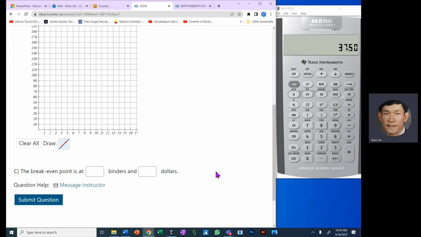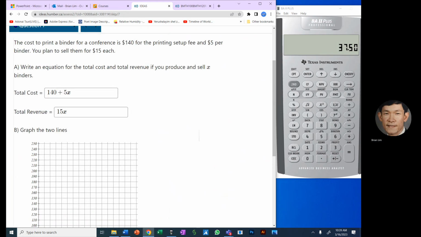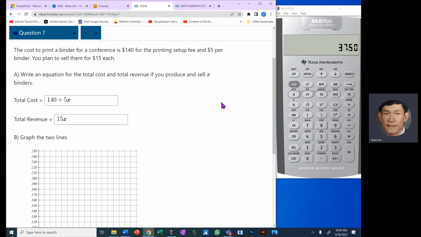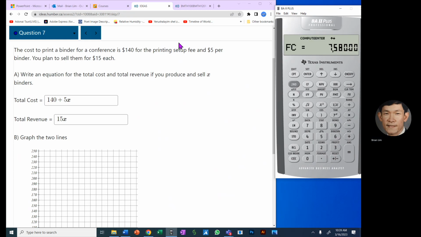All right, so let's say we go after the break-even. Okay, so we have the numbers, and so let's generate the break-even. We'll go ahead before we do the graph. All right. Let's go and look at the numbers there. We go second, fixed cost is $140. So we go 140, enter.